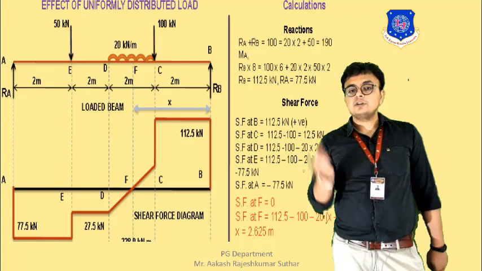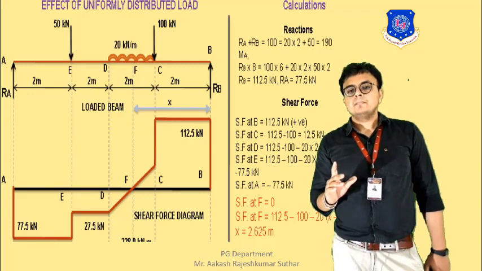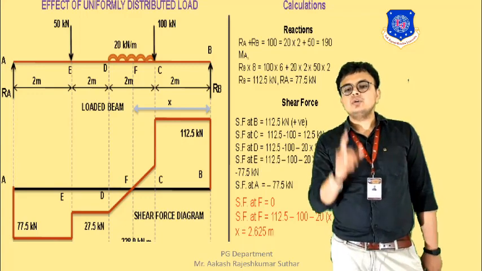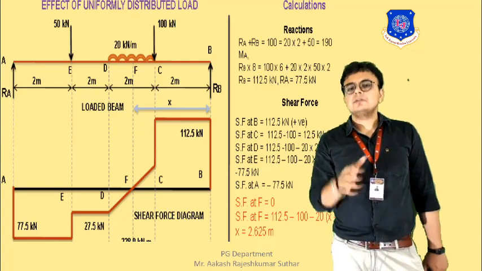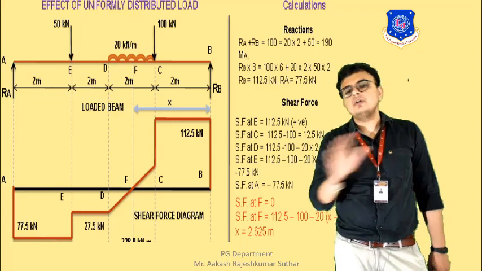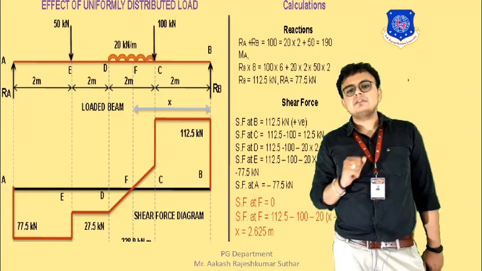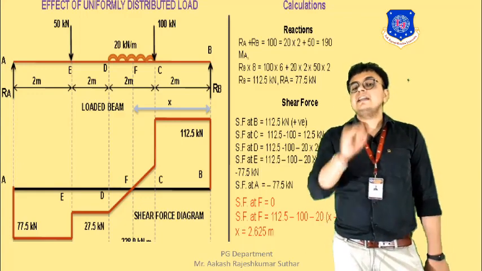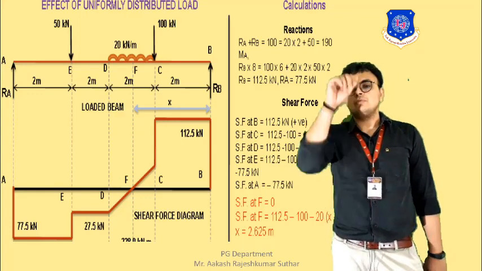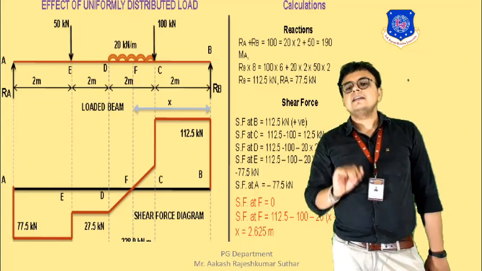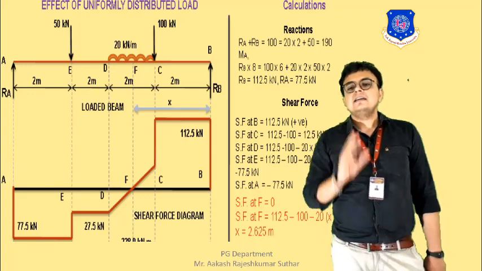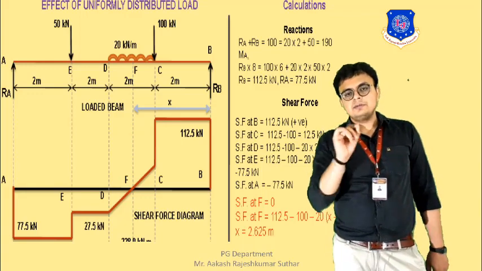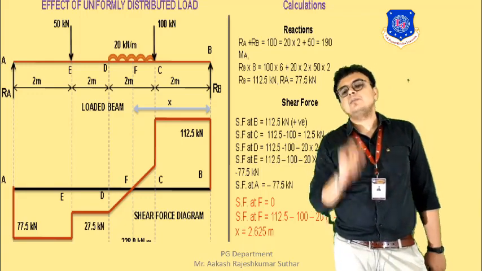Now moving towards point C, we have the shear force equal to 112.5, which is constant, because moving from B to C there is no other load acting on it. At point C we have the load of 100 kilonewton in the downward direction. So ultimately the shear force at C is 112.5 minus 100, that is 12.5.